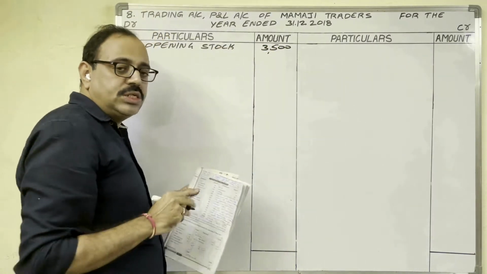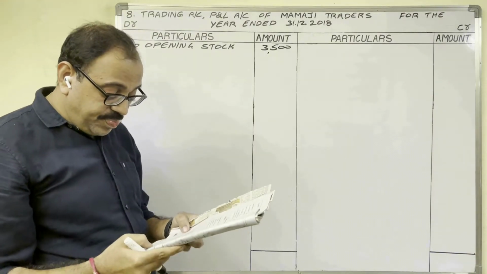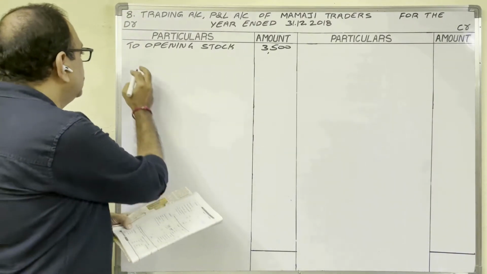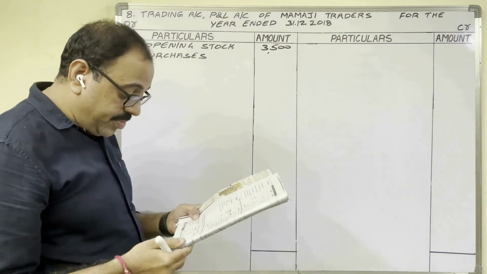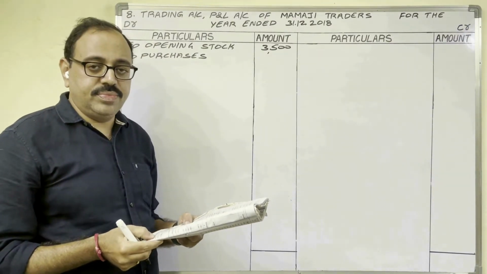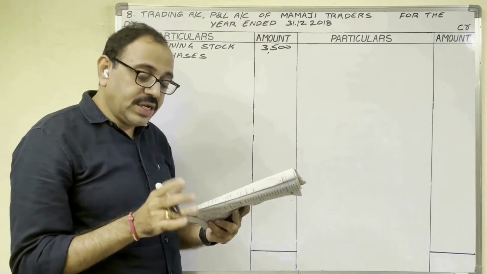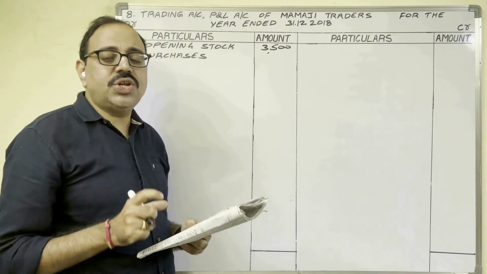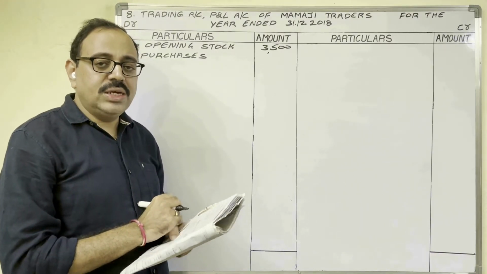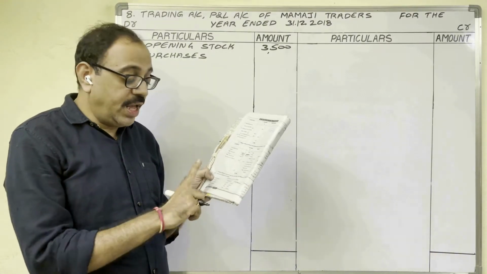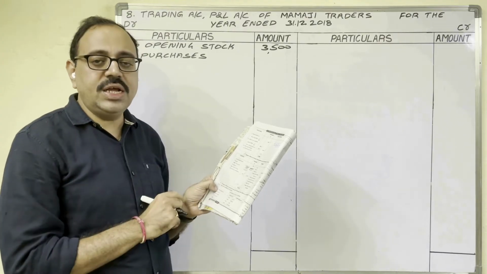Next we have to write purchases. Debit column, purchases 12,000 rupees. Inner column or outer column? In present problem, returns are given. In credit column, returns 800 is given. Clearly is not giving that this is purchase return. But we should understand. Because in trial balance, debit column he gives sales returns.